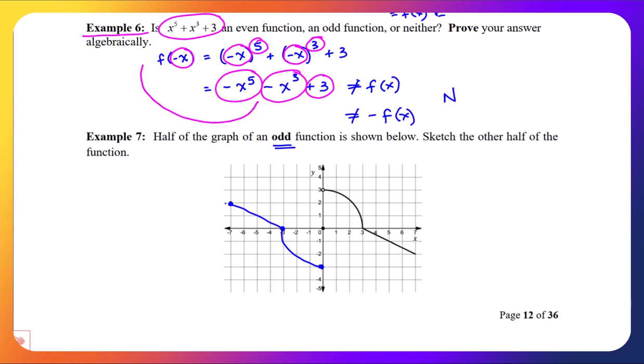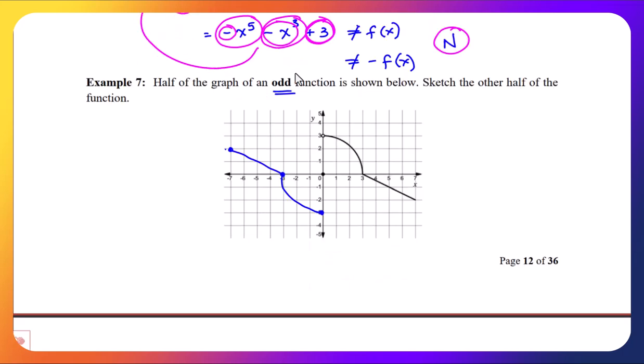This is not the opposite of the original. Yes, the first terms are opposite. Yes, the second terms are opposite, but the third terms are the same. So this is neither the same nor the opposite, so it is neither one.